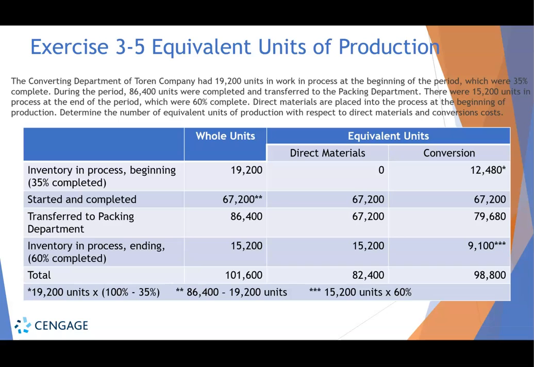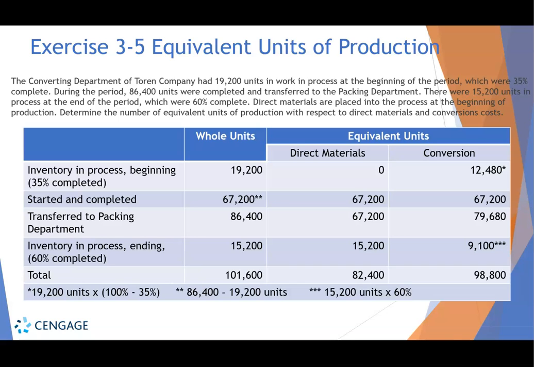So those 19,200 whole units that started the month 35% completed, during the month they had to add the 65%. So we show equivalent units: the 19,200 times the 65% gives us equivalent units for conversion purposes of 12,480.